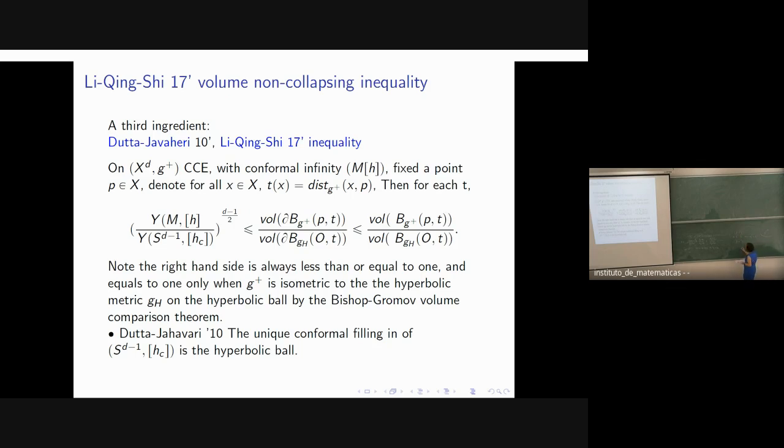So the picture is the following. You have this fixed point, and then you have gamma t, which is the boundary of the ball.